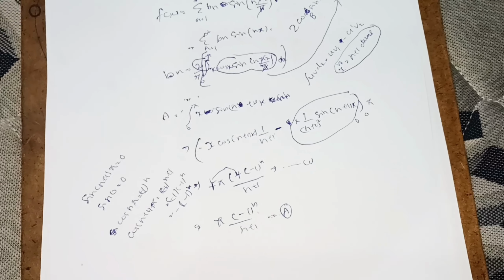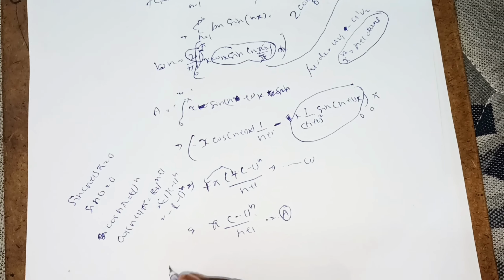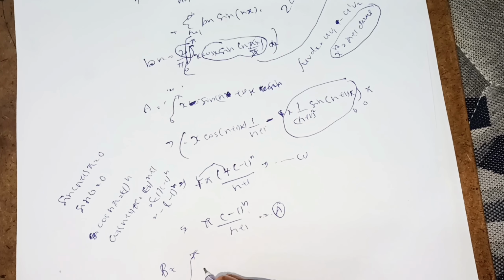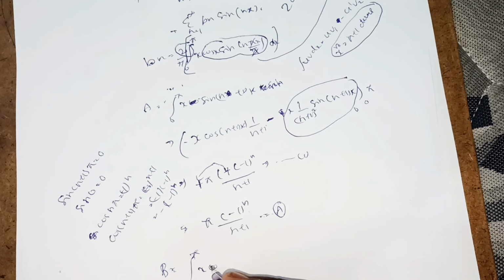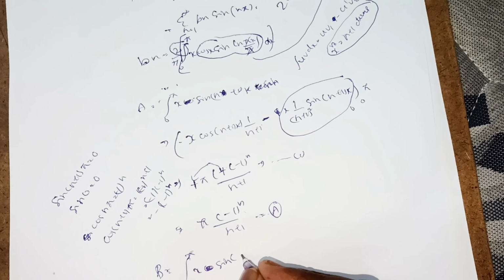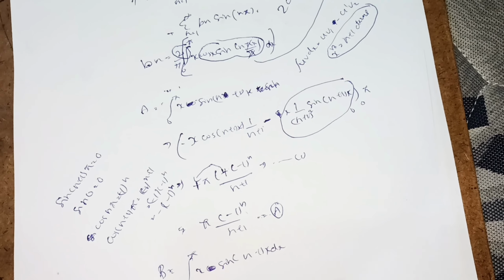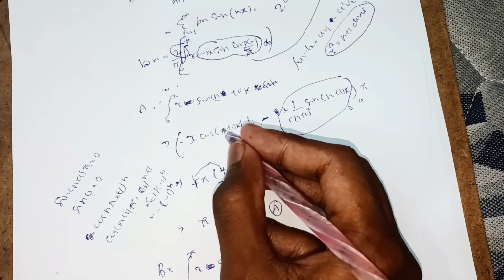Next we should find the B value. For finding B, you can write B equal to integral 0 to pi of x sine of n minus 1 into x dx, the same as before, only we change the sign to n minus 1.